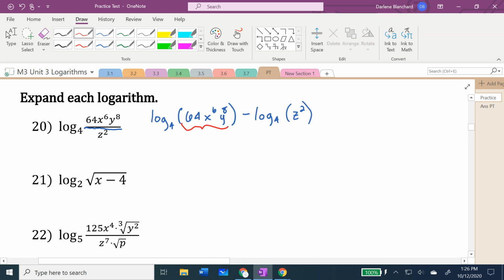Then, as I look at this first logarithm, I see that I have multiplication of 3 different things. Then I'm going to write this as 3 separate logarithms, and what operation do I have between them? If they're multiplying inside, they will, looking in chat, add outside. Good.